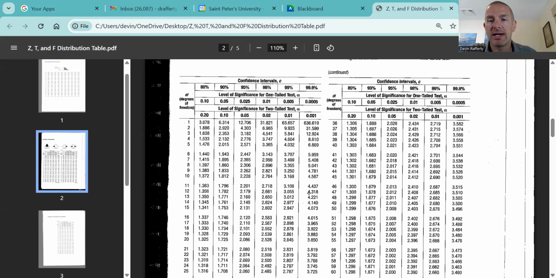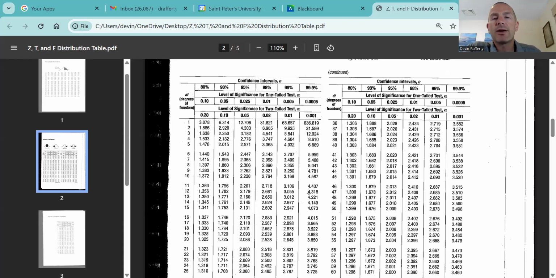Okay, 2.69 is our critical value. And since this is a two-tailed test, we would have plus or minus 2.69, because we have a two-tailed test.